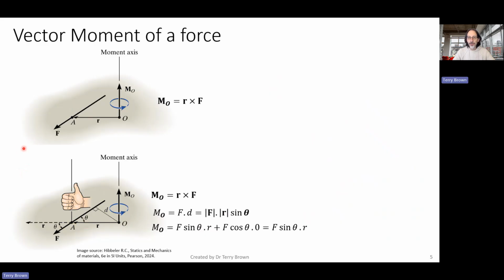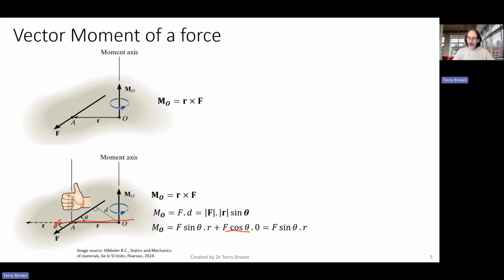Okay, so let me just try and draw that quickly over here. Let me get the pen just to make that a little bit clearer. So we have here F cos theta, and its line of action passes through point O, so its moment effect will be 0, or the perpendicular distance between F cos theta and point O is 0.